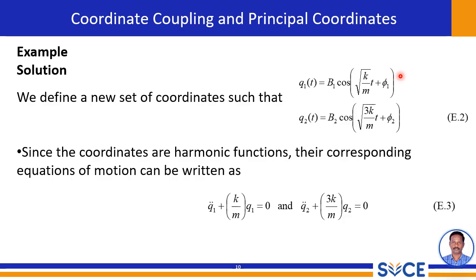This makes the analysis much simpler because we can study each mode of vibration separately. So once again, with principal coordinates, we have transformed a complex coupled system into two simple independent oscillators. This is the power of principal coordinates. They simplify complex systems by decoupling them.